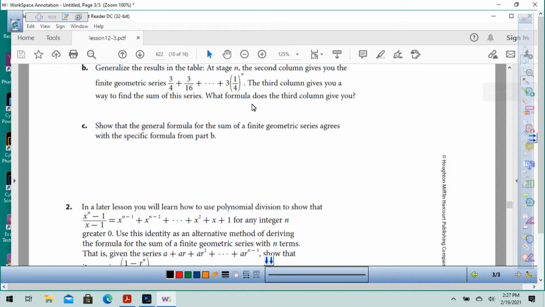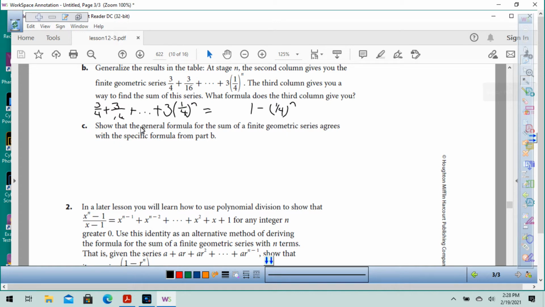Well, it gives you 1 minus 1/4 to the nth power. So 3/4 plus 3/16 plus 3 times 1/4 to the nth equals 1 minus 1/4 to the n.